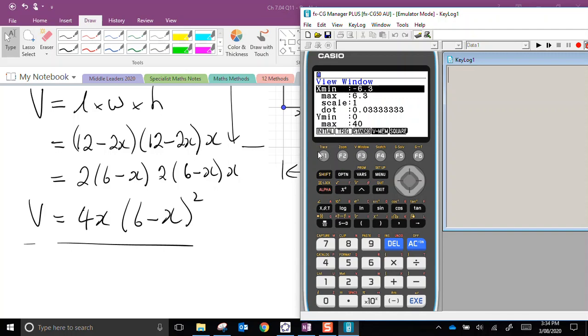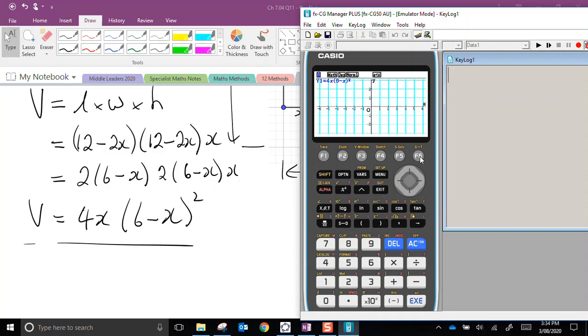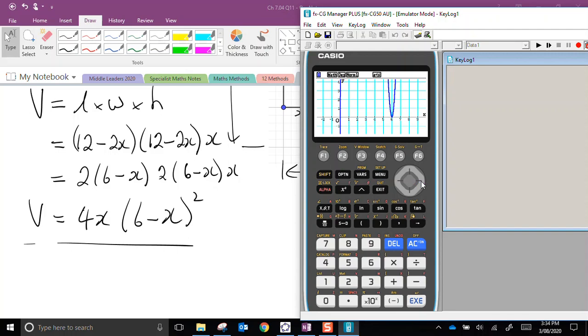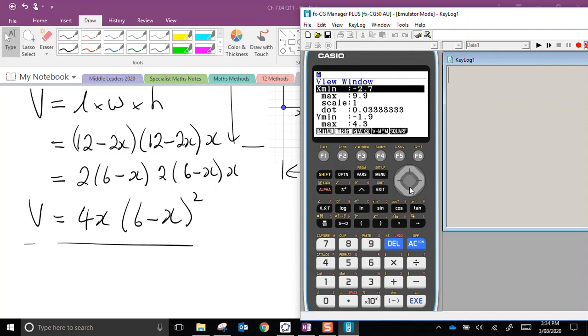Let's draw this. Oh, that's a bit of a weird picture. Let's initialize the window view. Still a bit weird. Right, it looks like this is going off the top of the page here, and there's something happening there. I might move to the right a few steps. Now I need to go up to a greater value on the y scale. So let's leave the x ones alone.